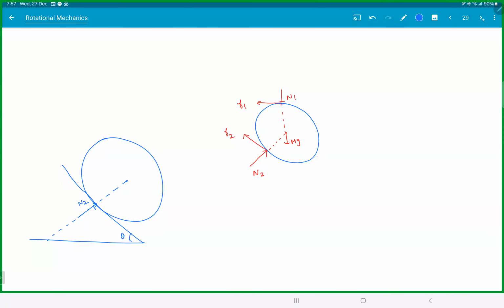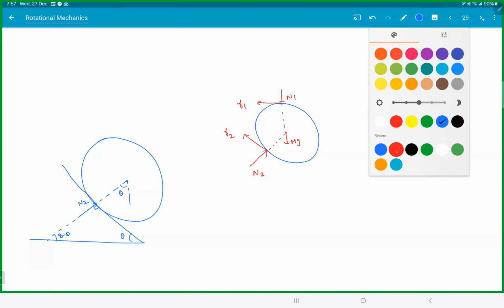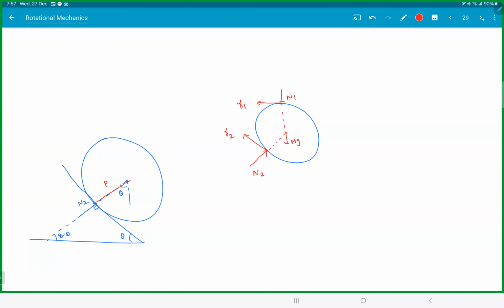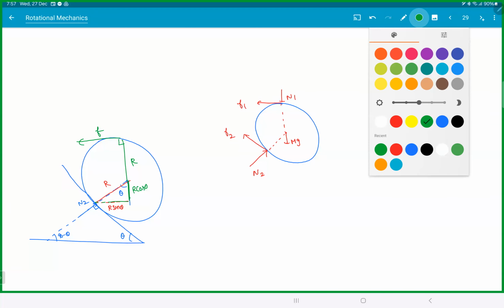This is theta. This is 90 minus theta. This is theta. So if this distance is r, this distance will be r sine theta. This distance will be r cos theta. And this distance will be r. For friction we need the perpendicular distance. So for friction, the perpendicular distance will be r plus r cos theta.